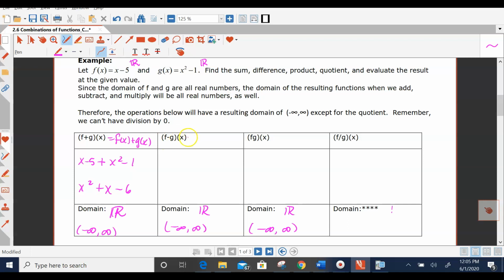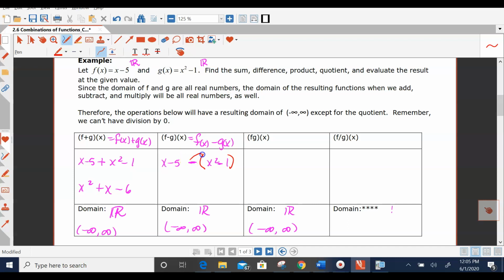f minus g of x basically says to take the f function and subtract from it the g function. So the f function is x minus 5. We're going to subtract from it the g function, which is x squared minus 1. Now, the most common mistake made on the subtraction is forgetting to put in parentheses. You must put the g of x function, the second function, in parentheses because of the subtraction.